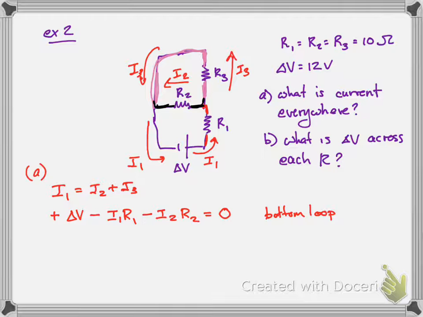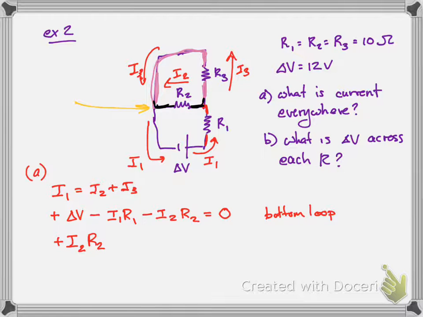So the top loop, and let's start right there at that junction on the left, and go counterclockwise. I'm going to first pass through R2, but I'm going opposite the current. Because I'm going opposite the current, we're getting a gain in potential difference, so we get plus I2R2.